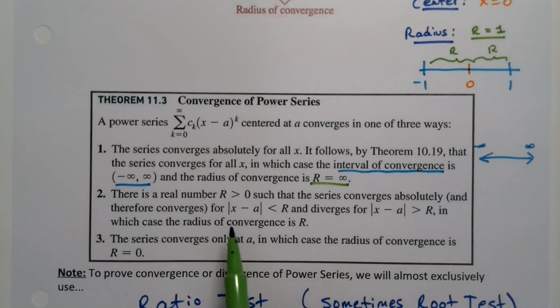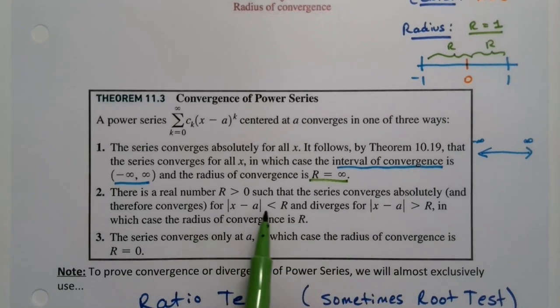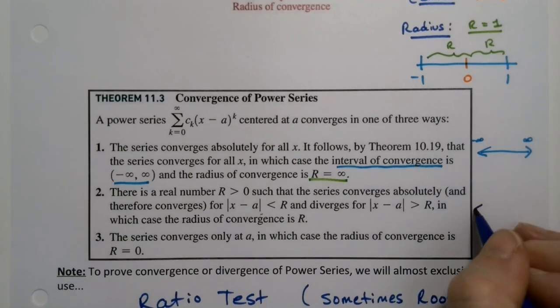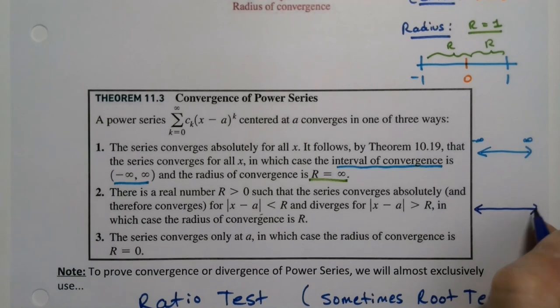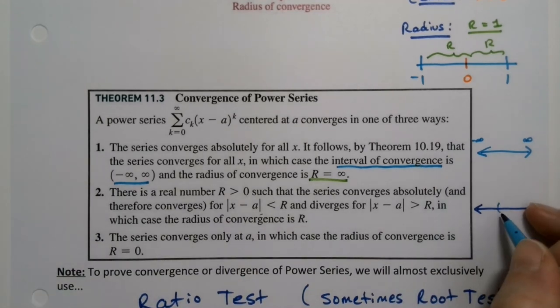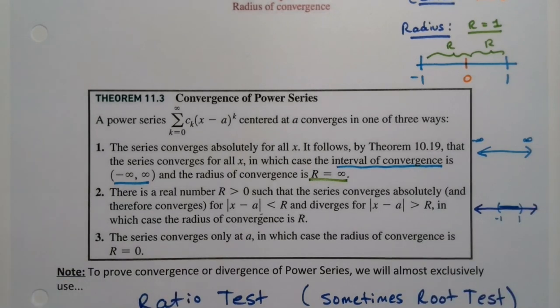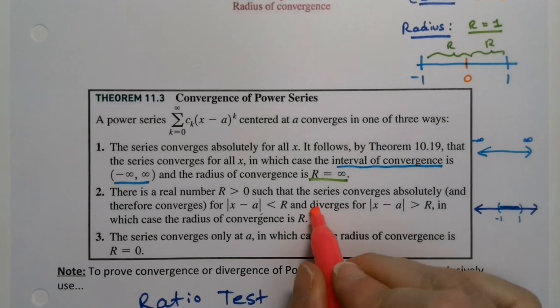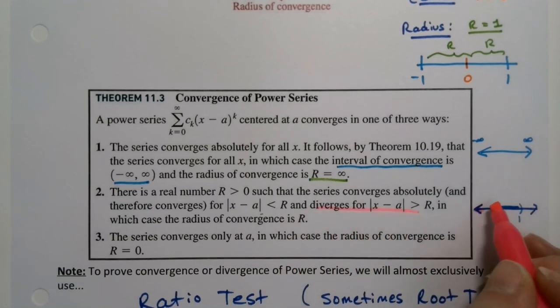Then we could have an interval of convergence where it converges inside and diverges outside. For example, on a number line, and this is what we just saw, you converge from -1 to 1, so that's the interval of convergence part, and then you diverge everywhere else, out here.